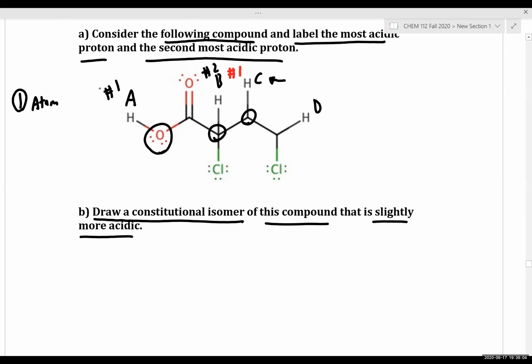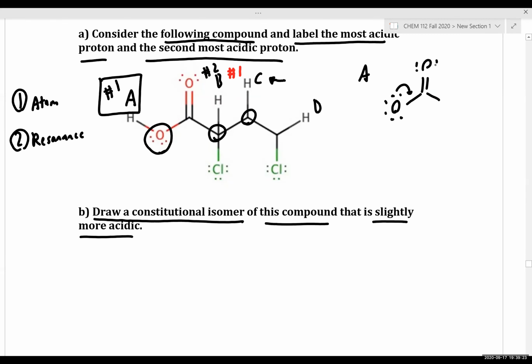Oxygen, yep. So it looks like A is going to be winning out in atom effects. Next, we look at resonance. Okay, and in terms of resonance effects, we see the anion generated from A can be delocalized.